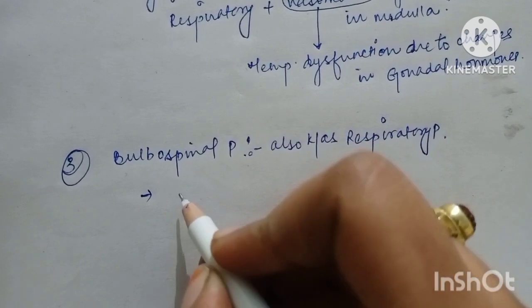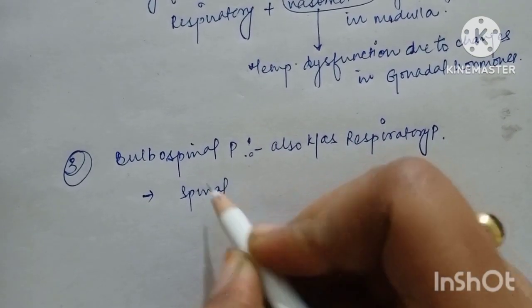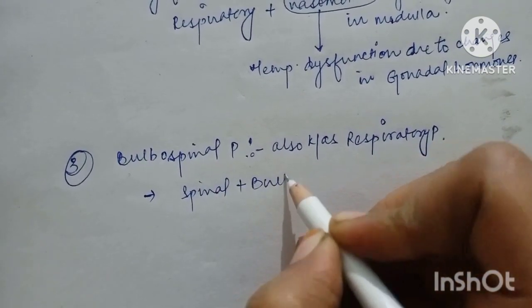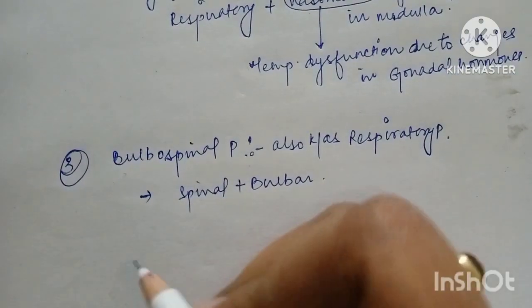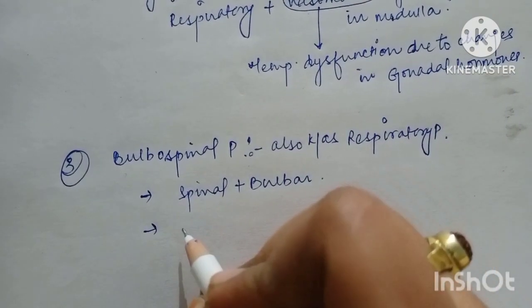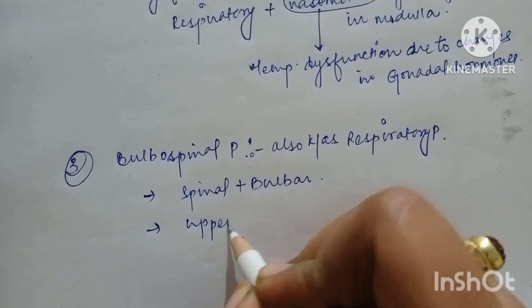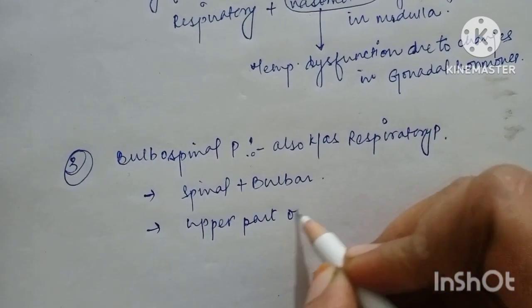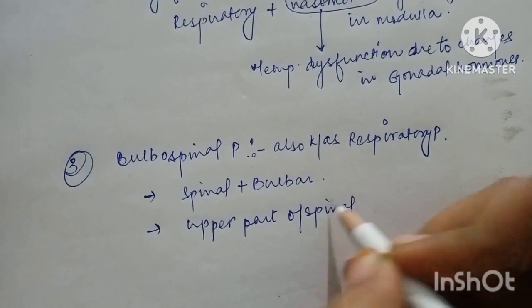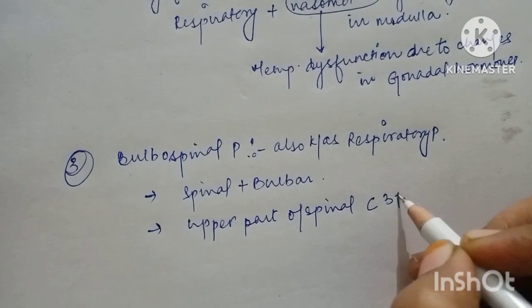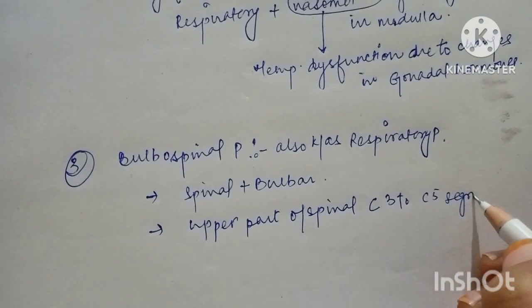It involves the symptoms of both spinal and bulbar. It generally affects the upper part of the spinal cord, mainly the C3 to C5 segments.